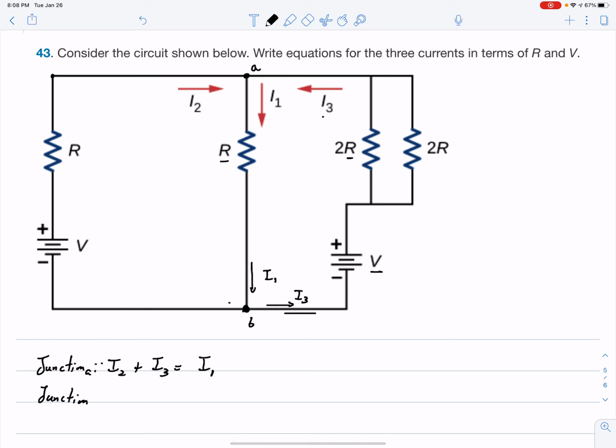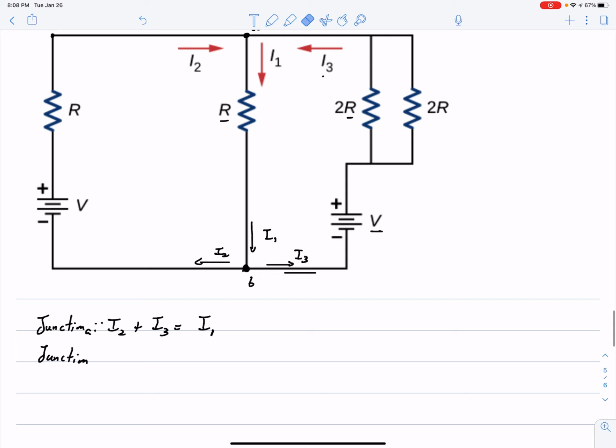And then I2 goes in this direction, following the same procedure that I had for I3. I just follow it around, and I know the direction of I2. So it would be the same, but now everything going in, which is I1, will equal everything going out, which is I2 plus I3.